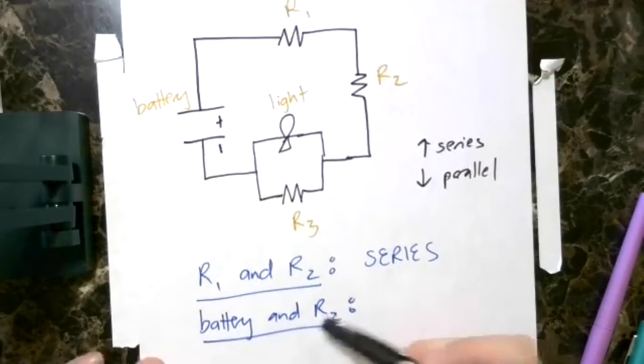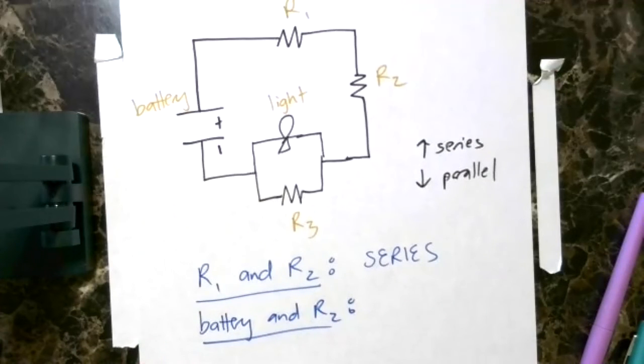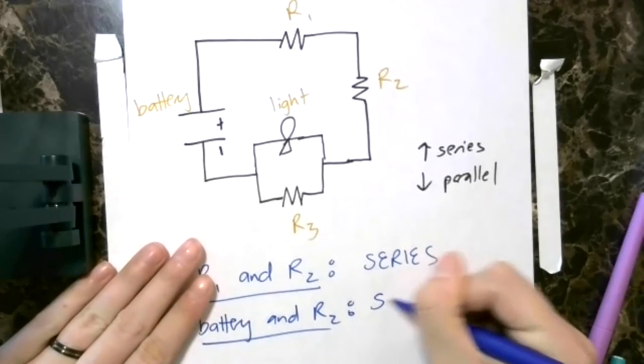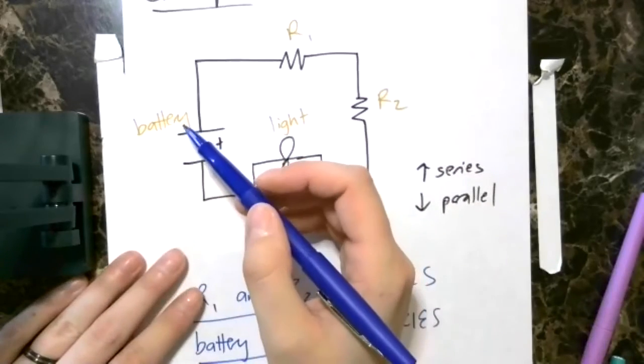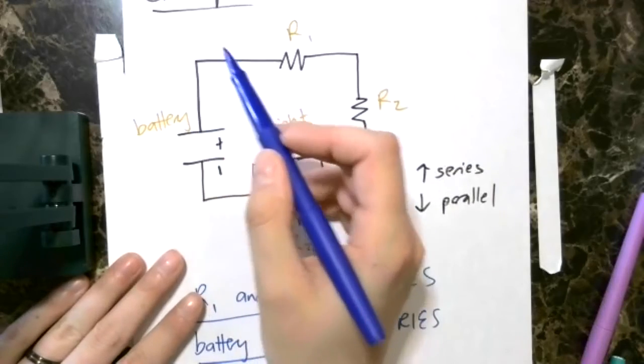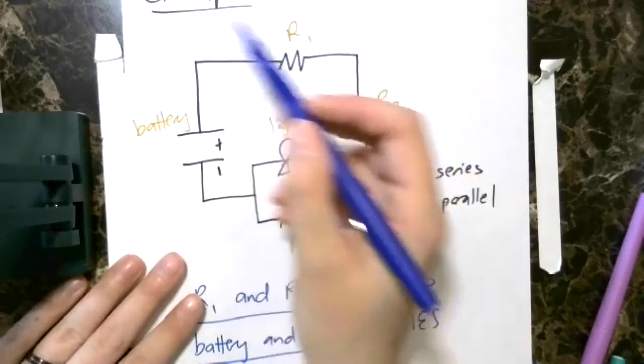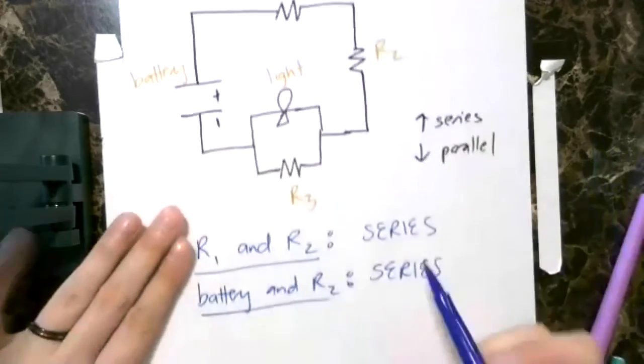So, battery and R2. Series or parallel? Nice, nice. Okay. I see a lot of series. You're completely right. Again, imagine if you were an electron, you're in a little car, and you travel along, travel along, travel along. You're in the same lane the entire time. So you're in series.